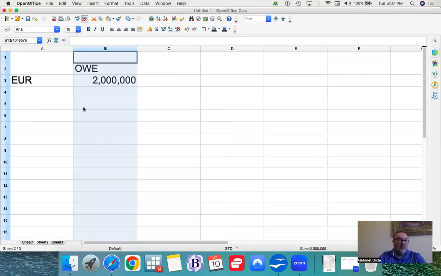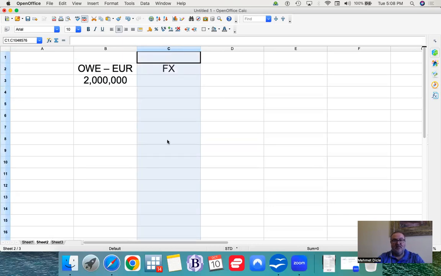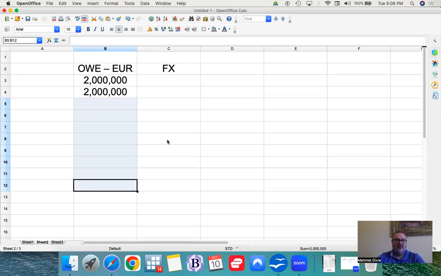What we owe does not change, and this is in euros. Now, let's have an exchange rate right here, and this exchange rate is going to be our scenario. So what we owe right here does not change, so I'm going to carry that forward.